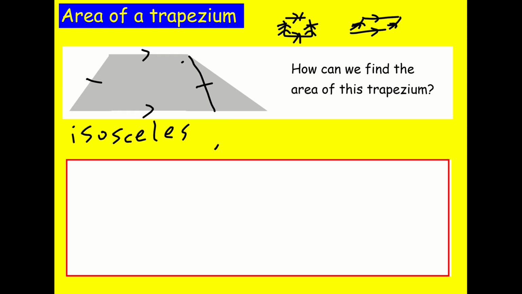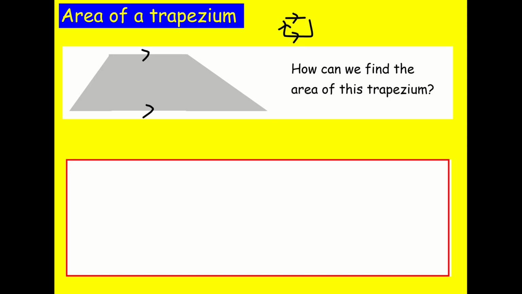Just like an isosceles triangle has these two lengths equal, or it doesn't have to be those two lengths, it could be those two lengths. But anyway, this is a word we use for it. So I just want to talk a bit about trapezia, that's the plural for trapezium, before I went on to calculating the area. So how can we calculate the area for this?